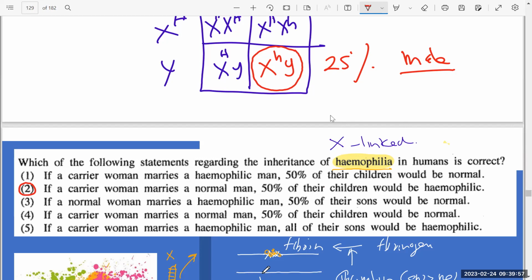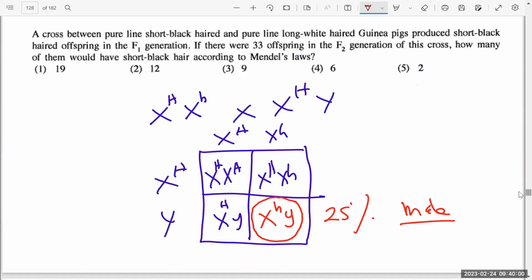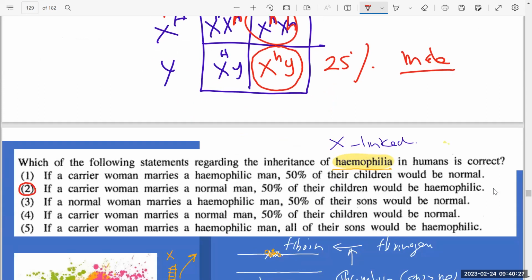So in this 50%, if this one is simple h, and the man is also simple h, capital H, simple h, simple h, simple h, capital H Y, simple h Y. Yes, 50% we get. If a carrier woman marries a hemophilic man, 50% of their children would be normal.